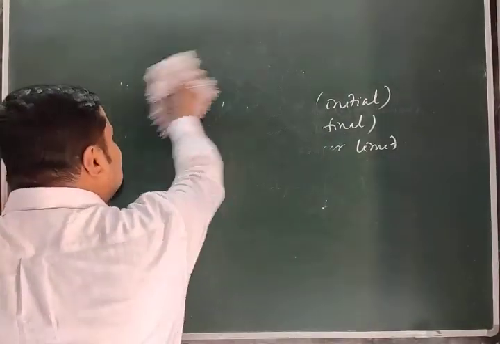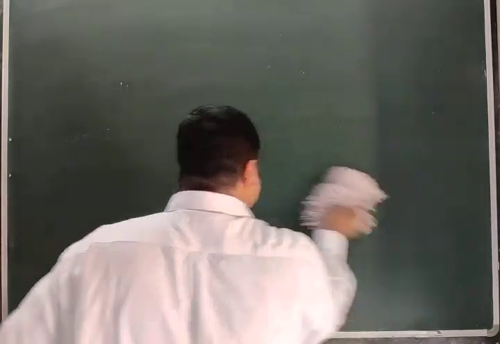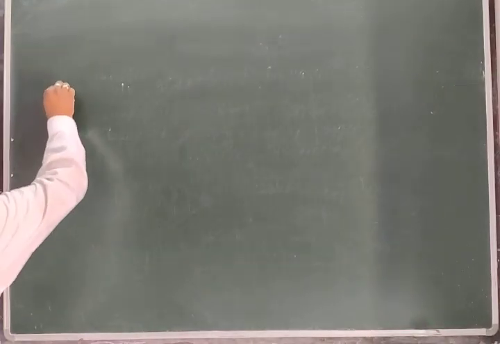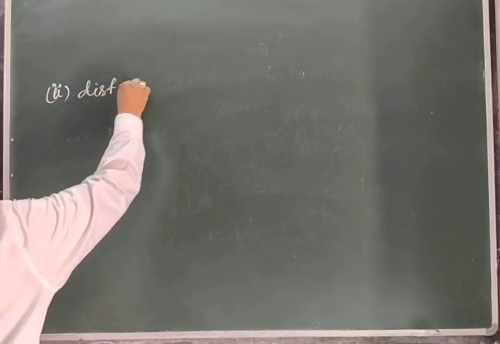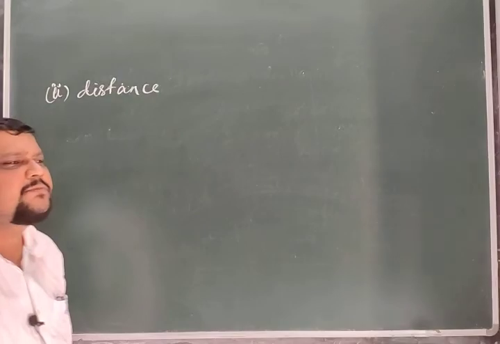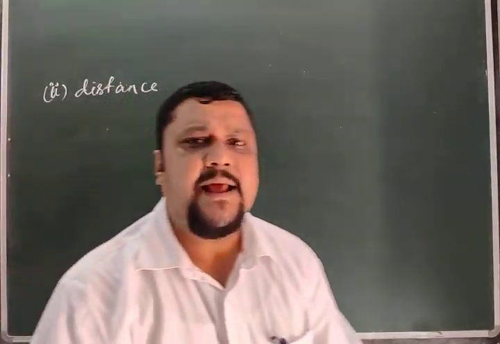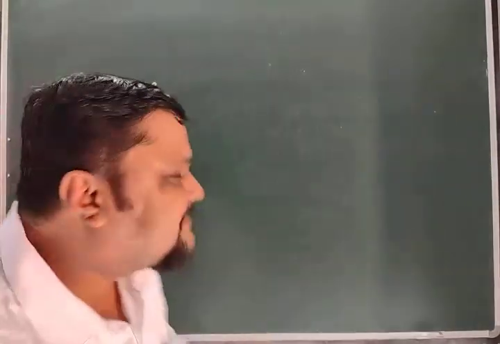The second equation is the distance traveled, or you can say displacement. Distance, because the body is moving with uniform acceleration in a straight line. Distance is equal to, you can say, displacement.